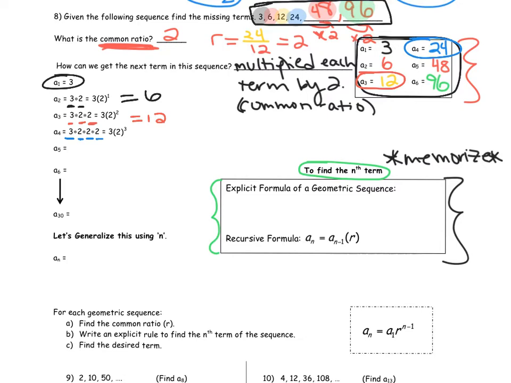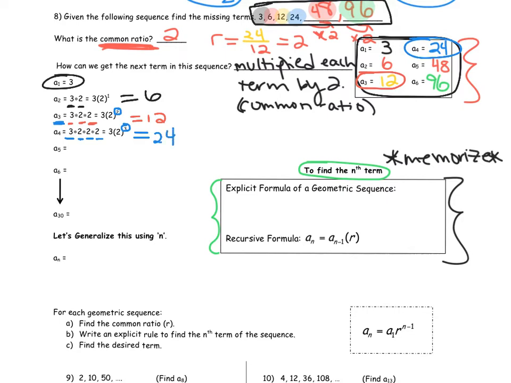Note that difference. To get to the fourth term, we multiplied by 2 3 times. When we multiplied to get a sub 3, we multiplied by 2 2 times. Okay, and just to quickly write in here, a sub 4 we know was 24.